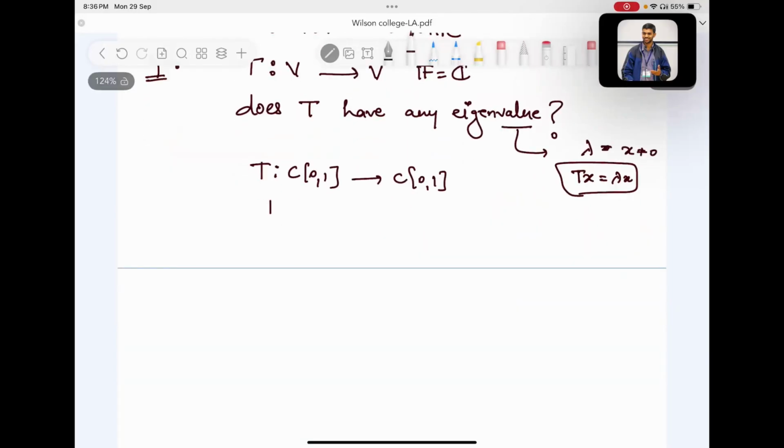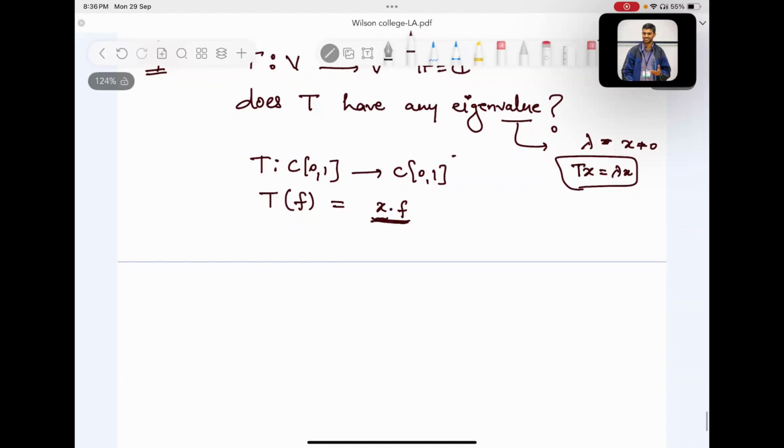I am taking this linear transformation as T(f) equals x f. x is a continuous function, f is a continuous function, the product of two continuous functions is continuous, so this is also a continuous function. So this is well defined.